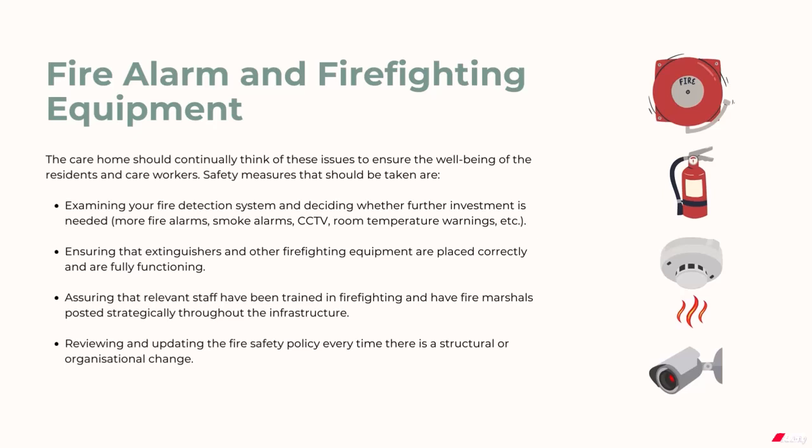Safety measures that should be taken are examining your fire detection system and deciding whether further investment is needed, more fire alarms, smoke alarms, CCTV, room temperature warnings, etc., ensuring that extinguishers and other firefighting equipment are placed correctly and are fully functioning, assuring that relevant staff have been trained in firefighting and have fire marshals posted strategically throughout the infrastructure, reviewing and updating the fire safety policy every time there is a structural or organizational change.